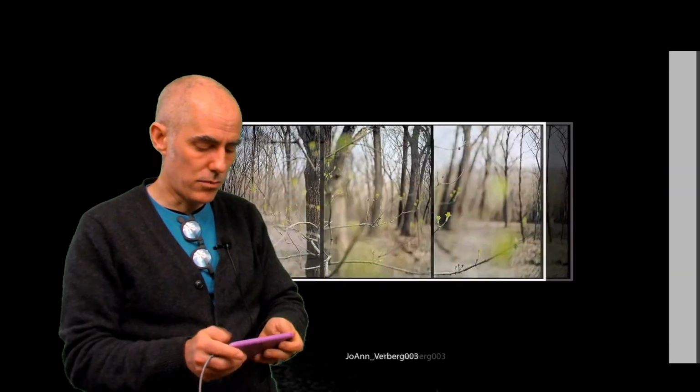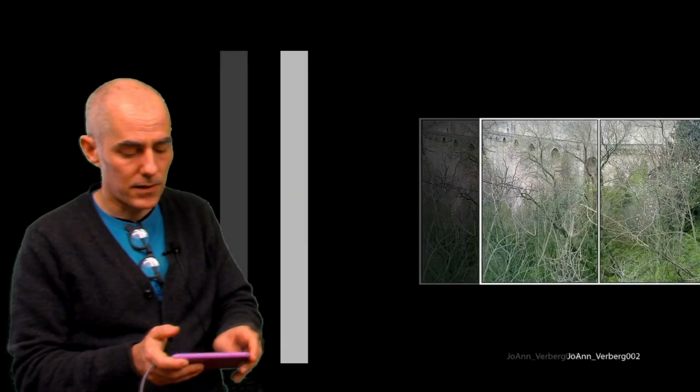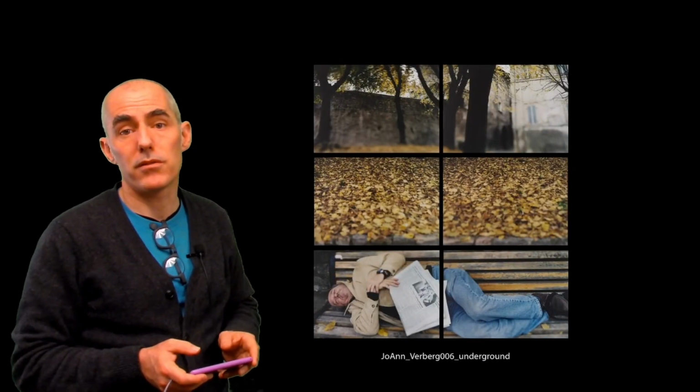So it's the same thing with Luther. He's got those images where you understand them to be different moments in time, right? So if I go back to something like this, we see these three images and we know that they couldn't have happened simultaneously. Same thing with Joanne Verberg's pictures, right?